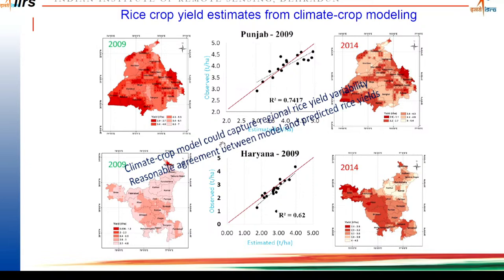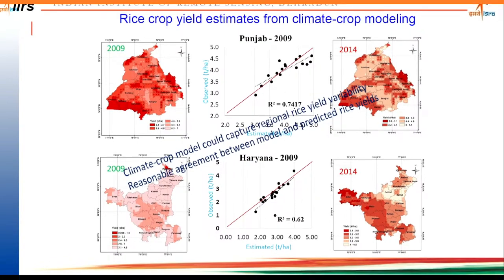At the same time, we could partially detect the water stress with the integrated climate model, crop model, and remote sensing.